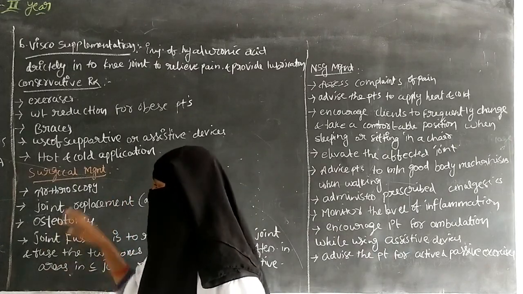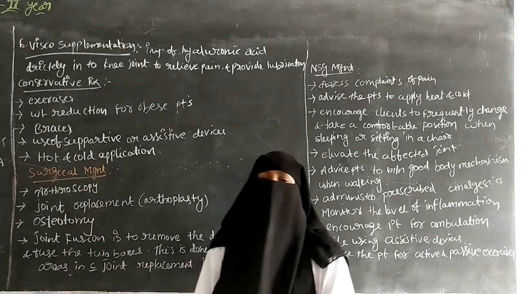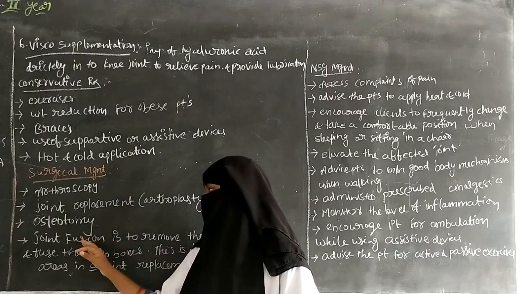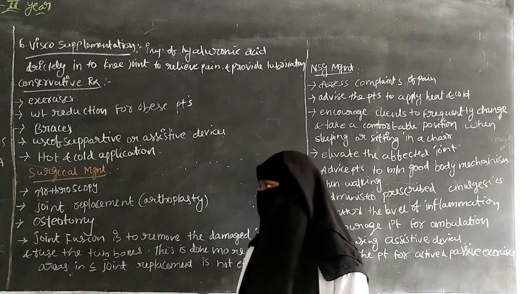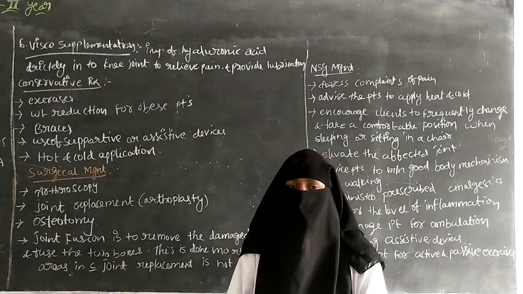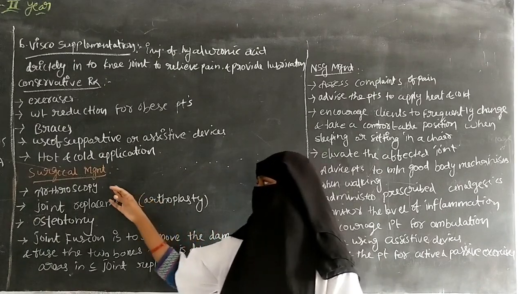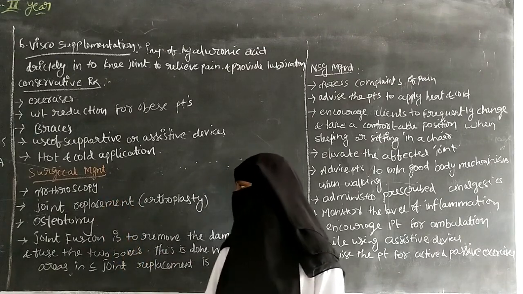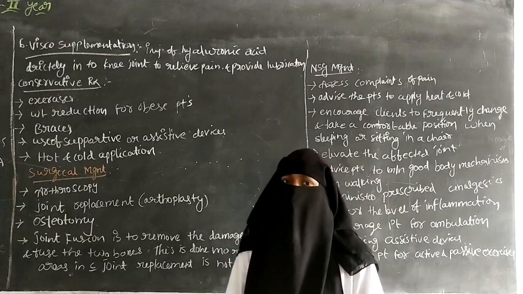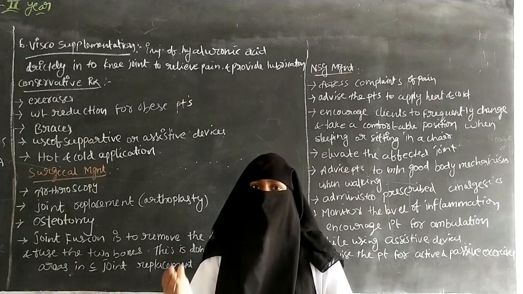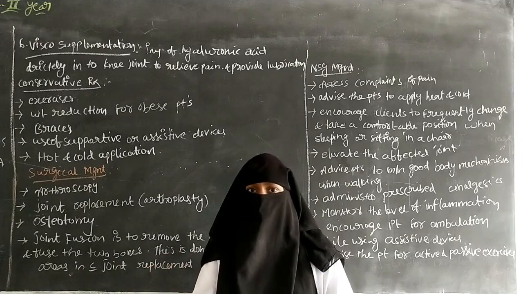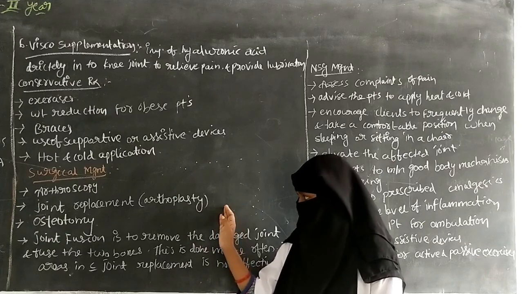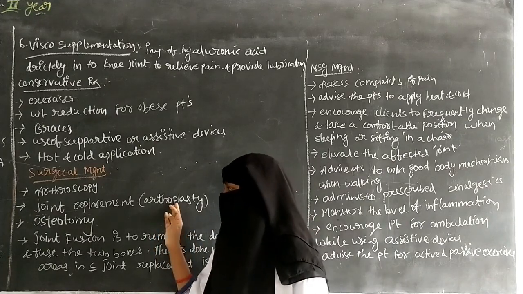Surgical management includes arthroscopy, joint replacement, osteotomy, and joint fusion. In arthroscopy, the scope is inserted into the joint through the incision and the damaged tissue or cartilage can be removed. In joint replacement, or arthroplasty, the damaged joint or tissues are removed and plastic and metal devices are used to support the joint.